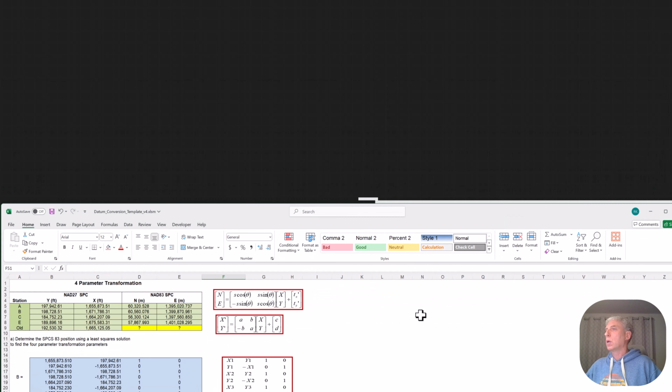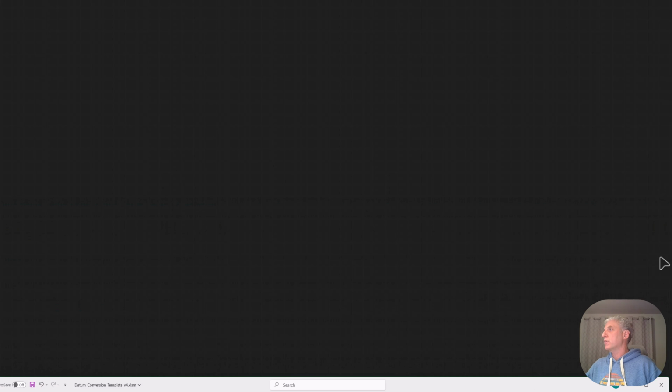If we say that A equals S times cos theta, and B equals S times sine theta. Remember, A and B we have known values for, or we have calculated values, right?